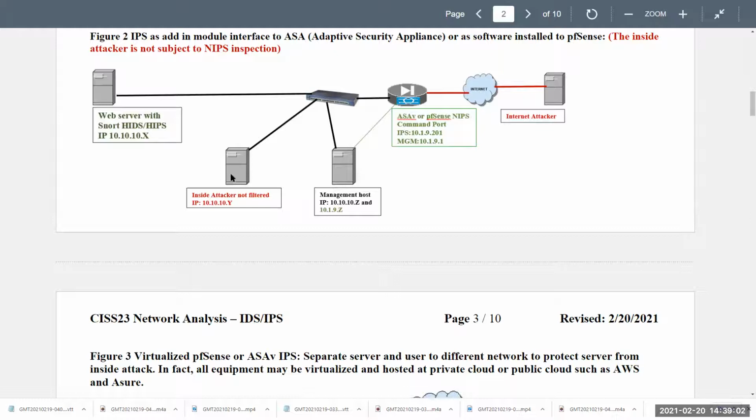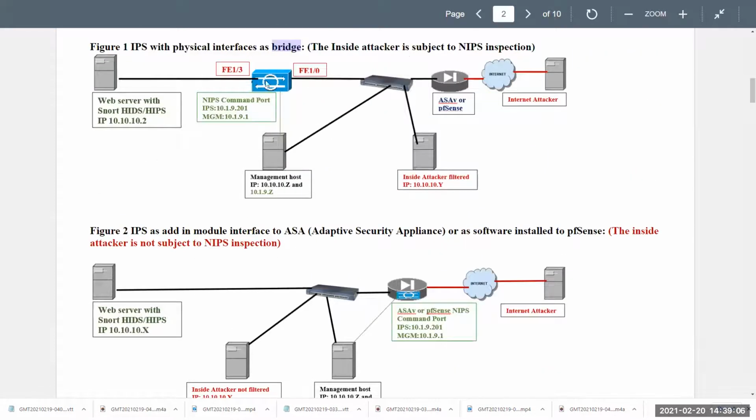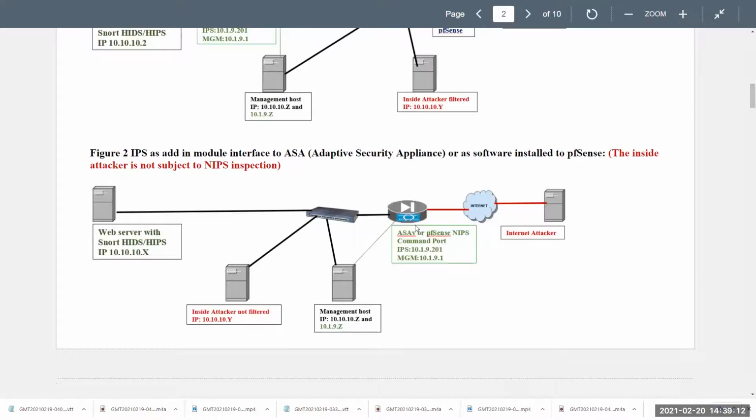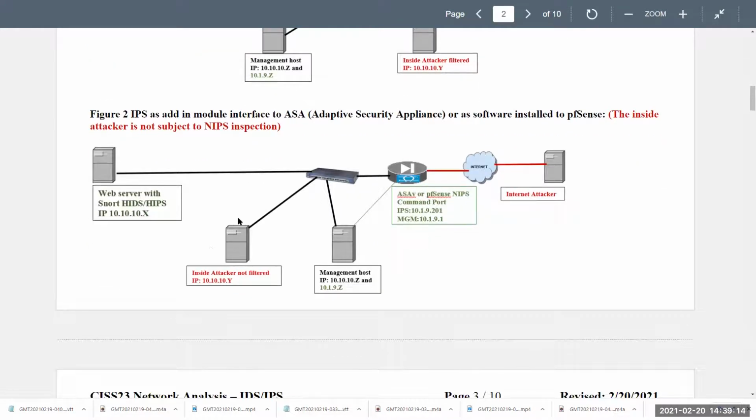So if we implement it this way, if we move the physical IDS into an integrated device of a security appliance or a firewall, then the internal one no longer will be protected. So we have to be careful about how we deploy our topology. Now, the management remains the same. The management box could connect to your regular network.